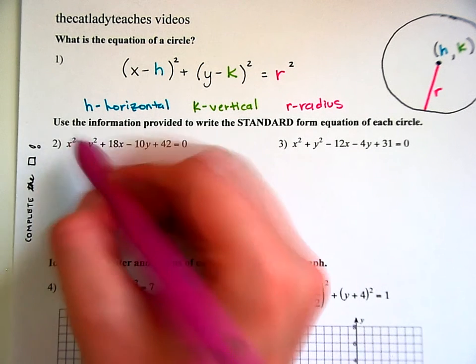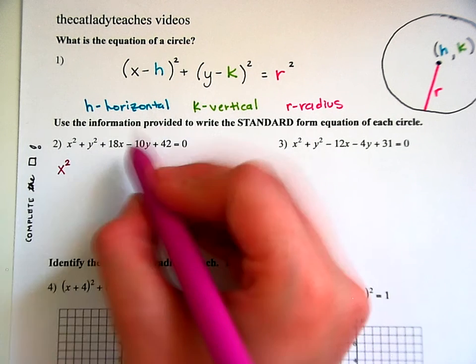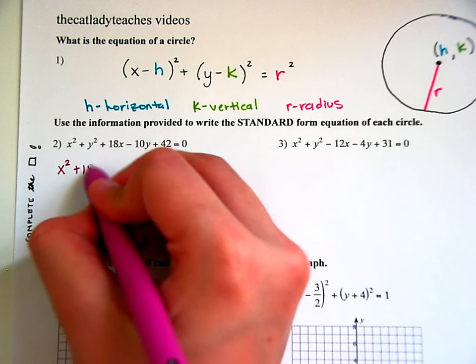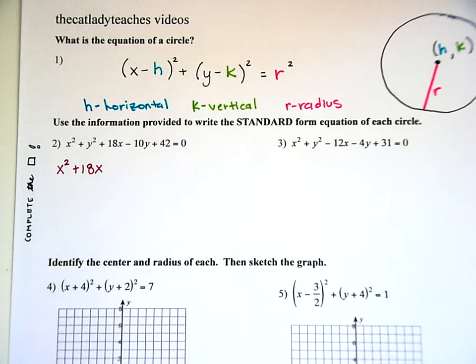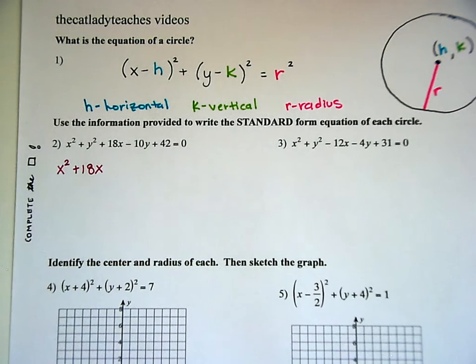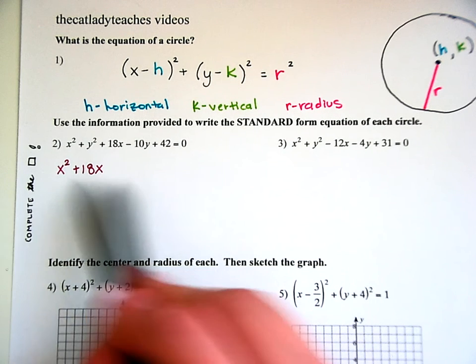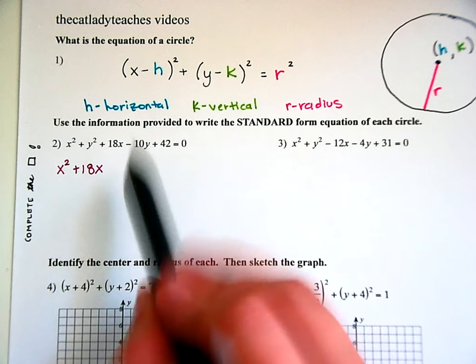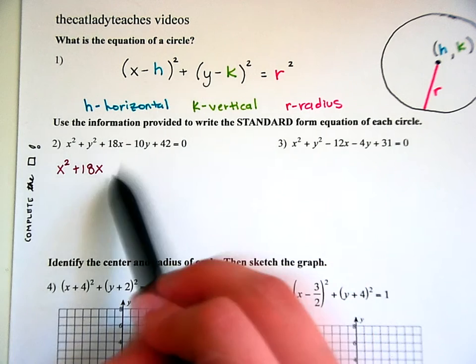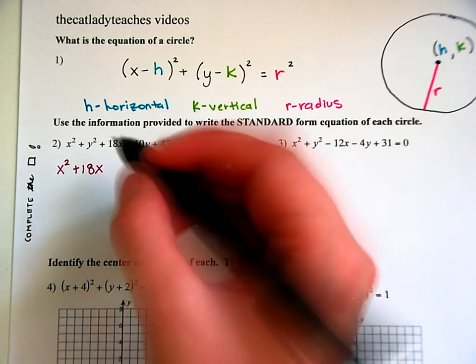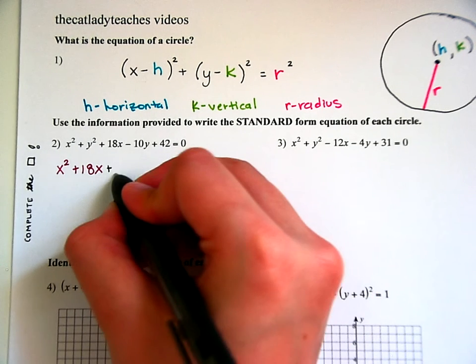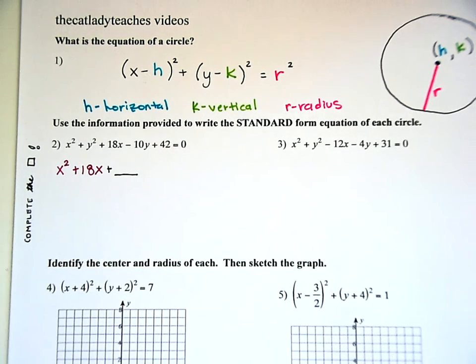So I'm just going to write x squared, and then I have an 18x. And then what I'm going to do here next is leave a space, because in order to factor something with three terms to make it look like this, well, we need that third term, which I don't have yet. So I'm going to say plus, and then some value. And when we find that value, that's going to be completing the square.